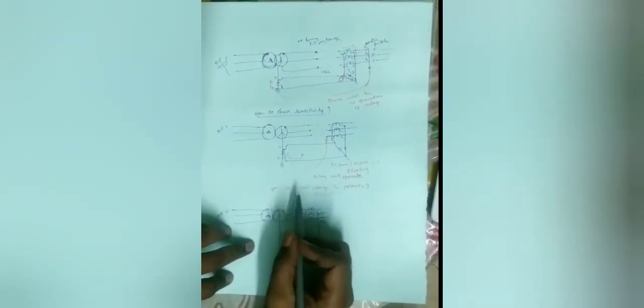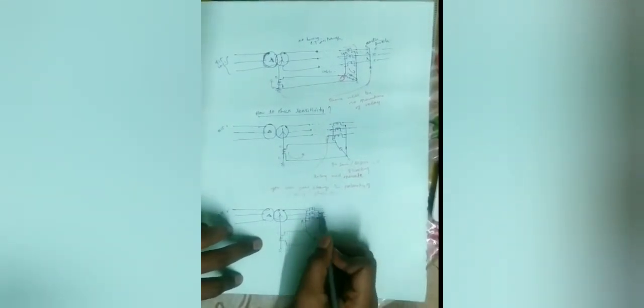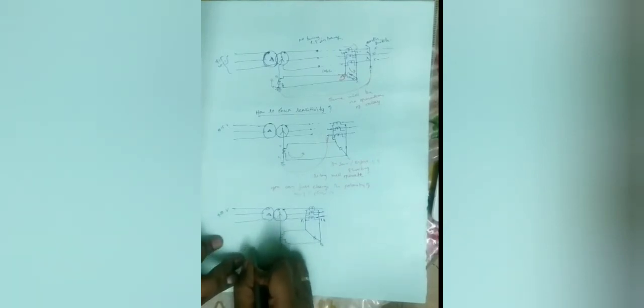Now we are going to check the sensitivity just by changing the polarity of the NCT. Before, S1 was here; now I am going to put S1 here and S2 here. Then I am going to short with the earth.